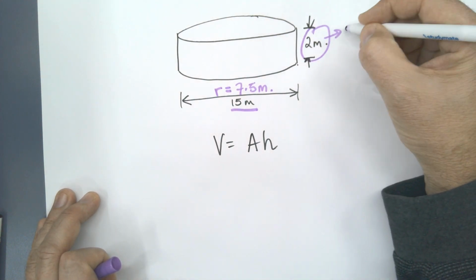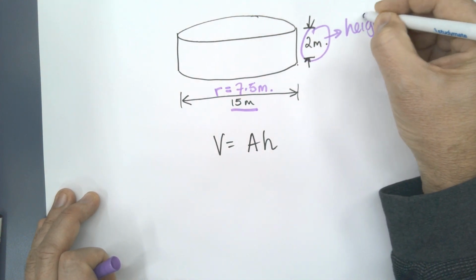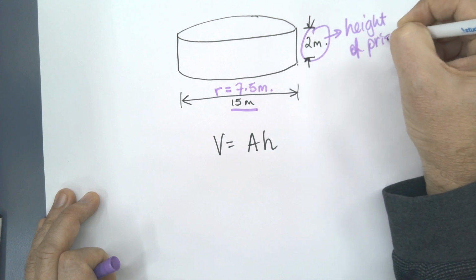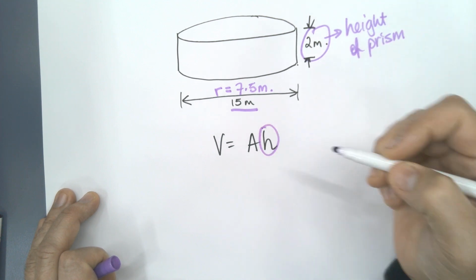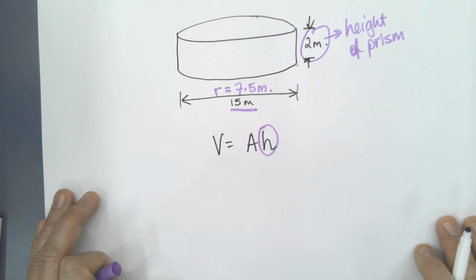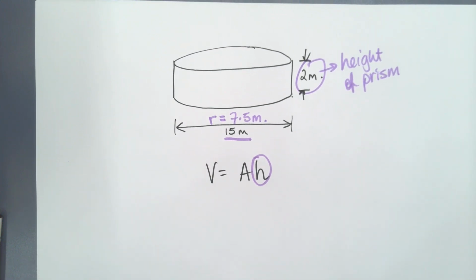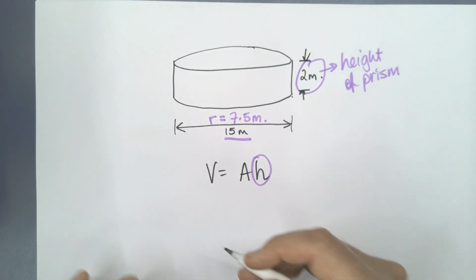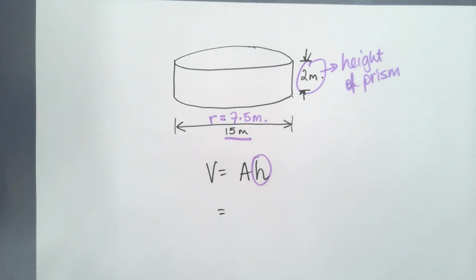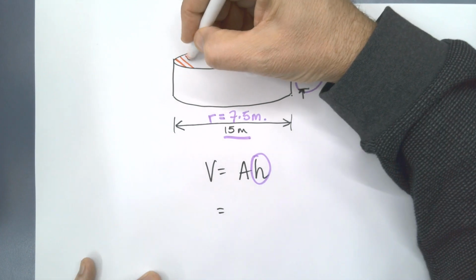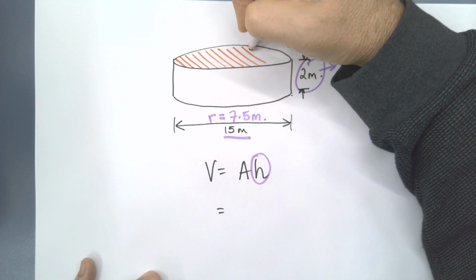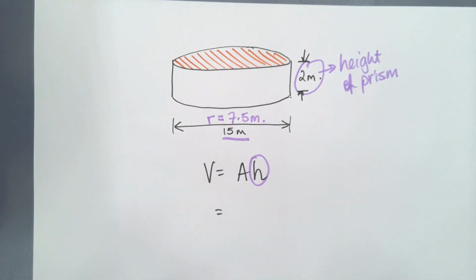This bit here, that is the height of the prism. All right, so what's the area of a circle? Area of a circle is pi r squared, because this is our base. That circular bit there is the base.